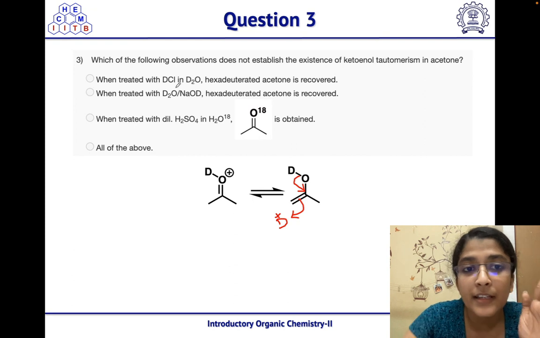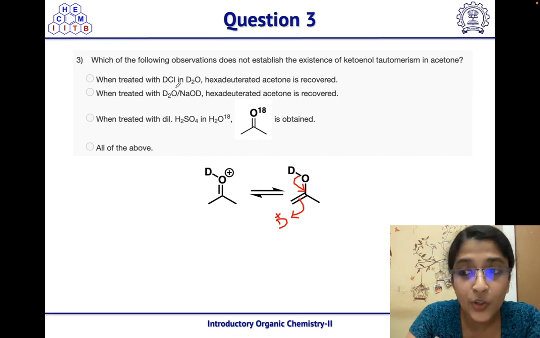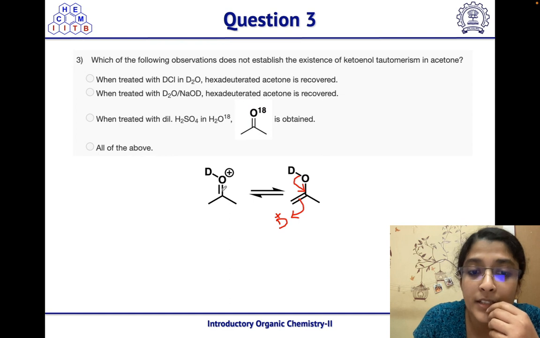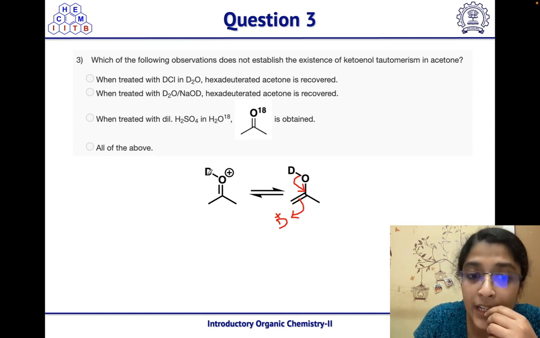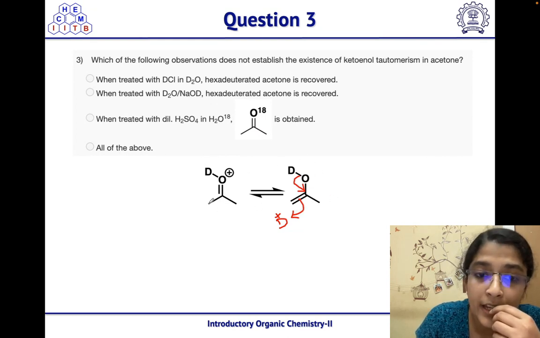Actually, it is an acidic system. So in acidic system, enol and ketone will be in tautomerism. So here, this is our ketone. It can coordinate with deuterium plus, and it can undergo tautomerism to give this form.